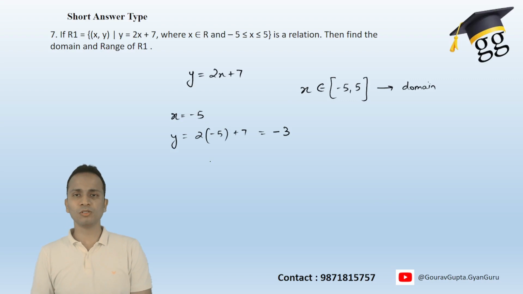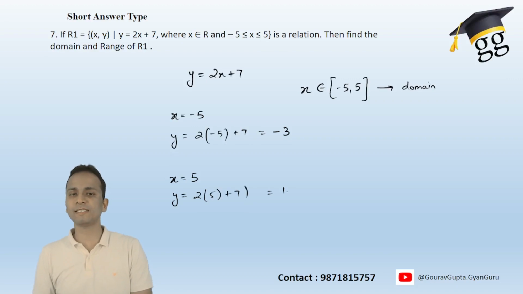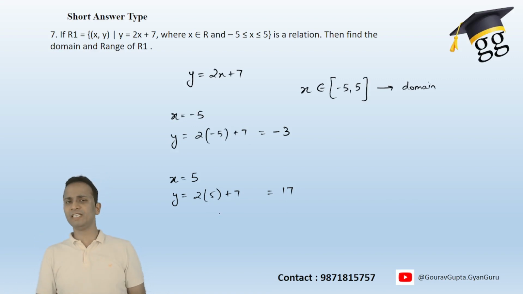Okay. So the maximum value of y can be obtained for the maximum value of x, which is x equal to 5. So at x equal to 5, I'll get the value of y, which will be 2 into 5 plus 7. That is equal to 17. Okay. So the minimum value of y will be -3 and the maximum value of y will be 17.